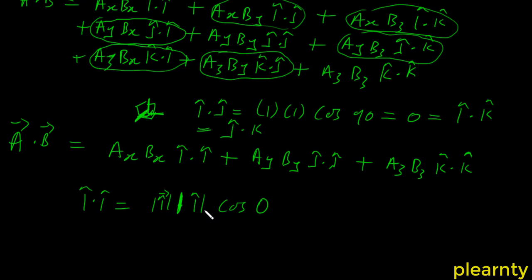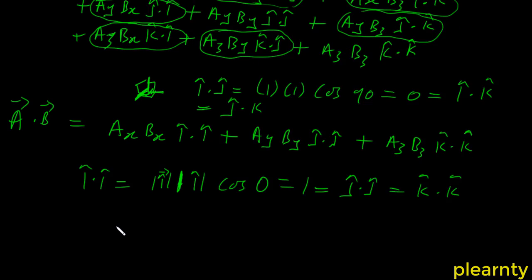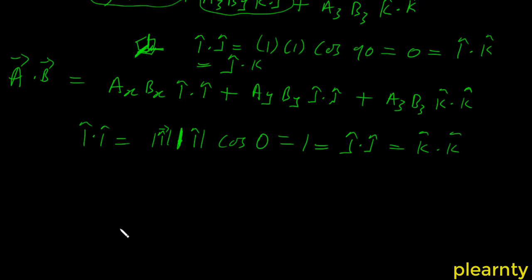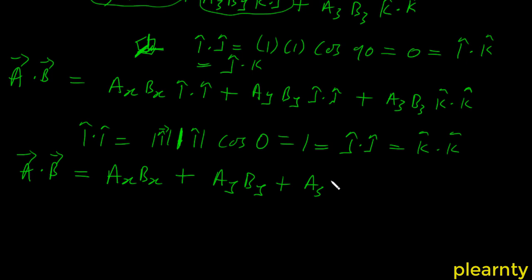So 1 times 1 times 1 will still be 1. And it is the same for j dot j and k dot k. Since i dot i, j dot j and k dot k is 1, we can say A dot B is equal to AX BX plus AY BY plus AZ BZ.